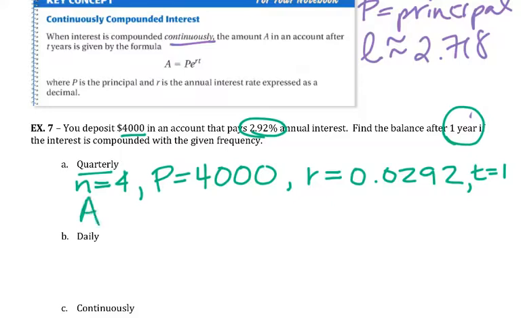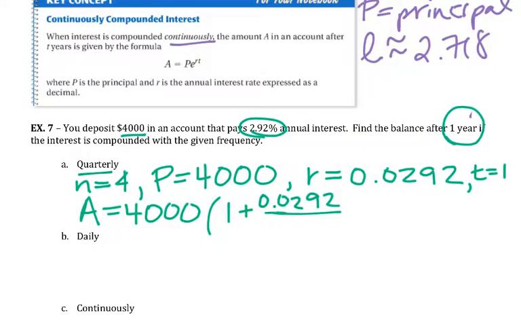So A, or the amount in our bank account, is equal to the principal, so 4,000, times 1 plus R divided by N, which is 4, to the 4 times 1.